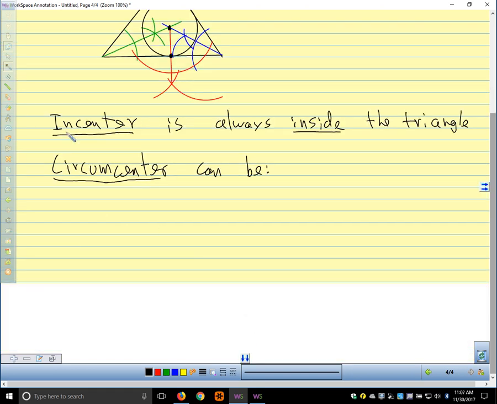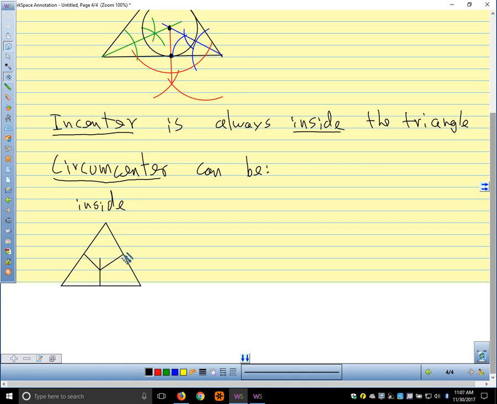It can be inside, and that happens when we have an acute triangle. So all of our angles are less than 90 degrees. I'm just going to draw it by eye here. So our circumcenter is inside an acute triangle.